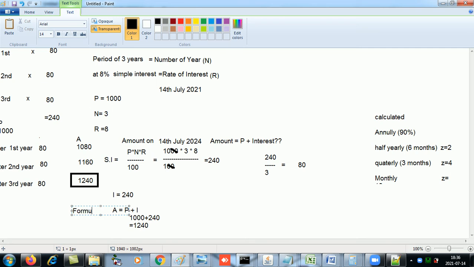Now there is one more formula, called formula 2.